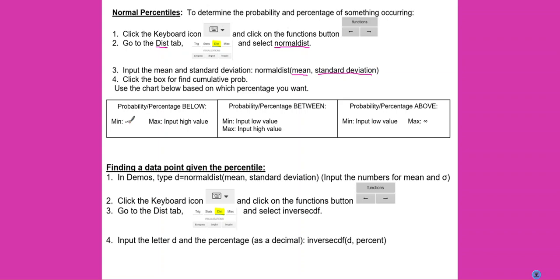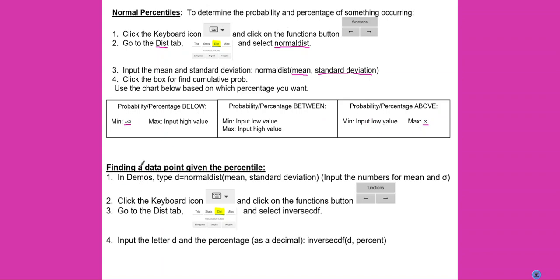And then if you want percentage below, you tell it the max value because you want everything below that number. If it's between, you put in the min as the lower one and the max as the higher one. And then if you want the percentage above whatever limitation you're given, it goes in the minimum. It will automatically put the infinities in for you if it's blank.